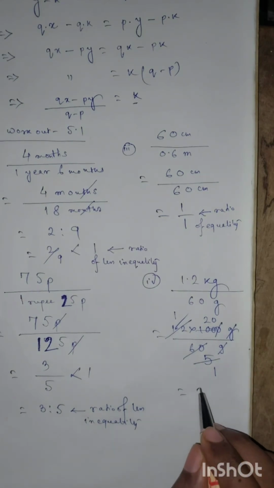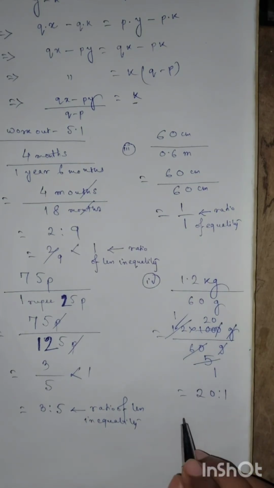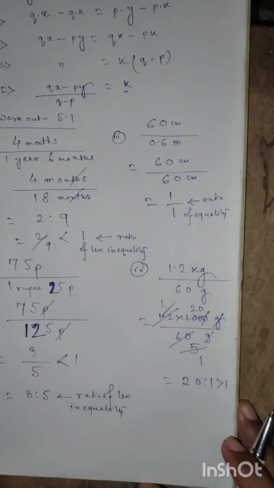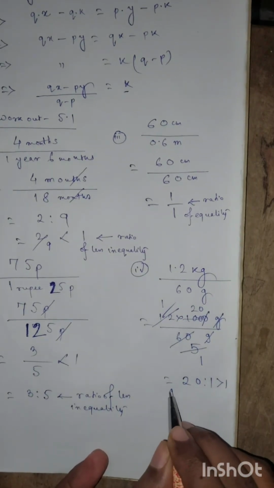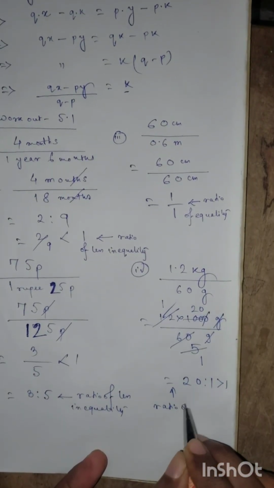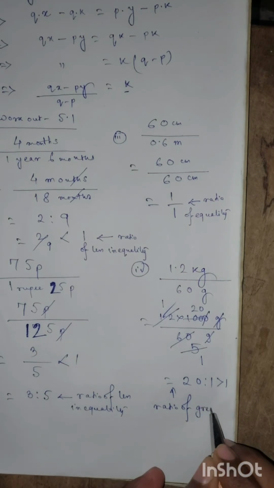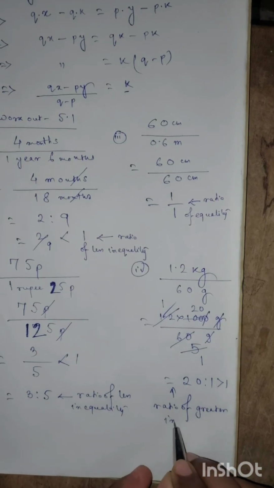So this becomes 20 is to 1, which is greater than 1. That is why this is a ratio of greater inequality.